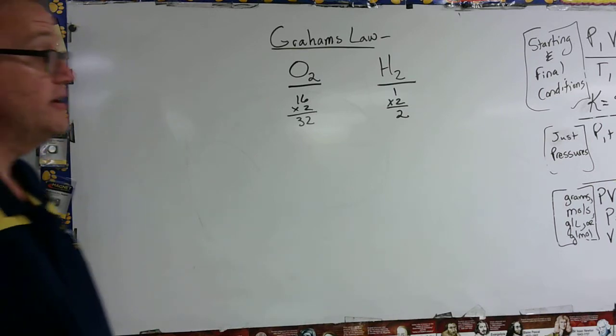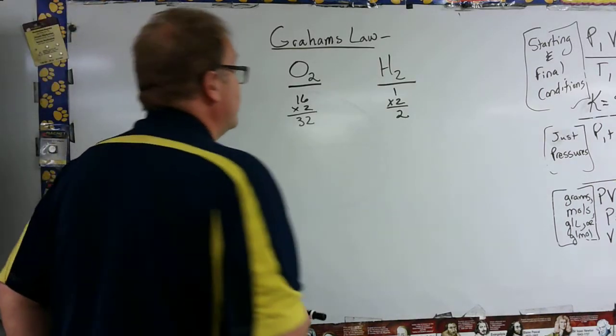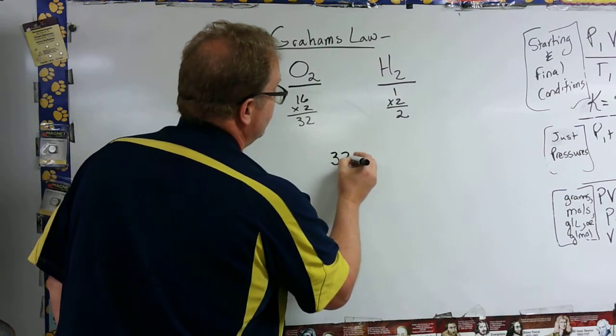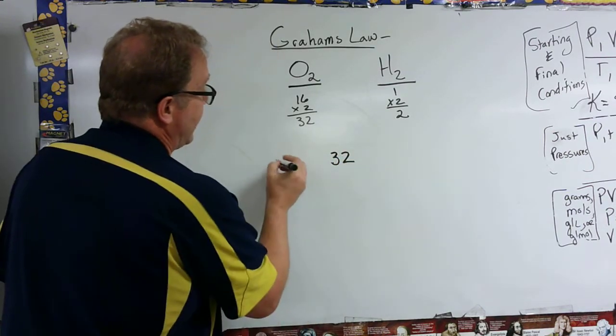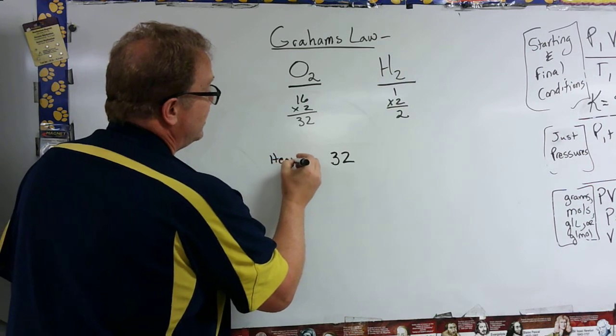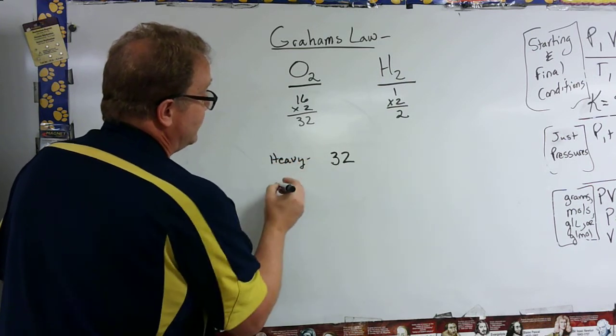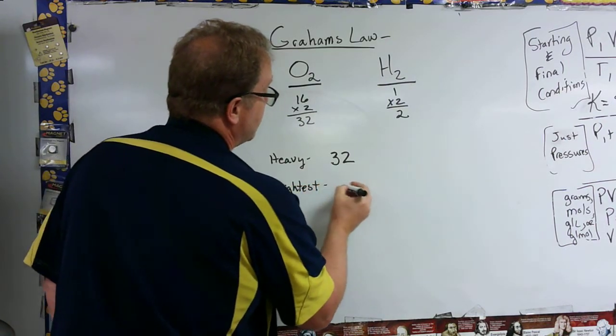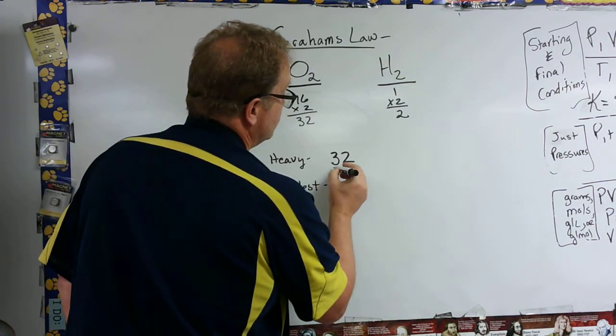You want it with a times. So what you're going to do is put 32, the heaviest gas, and then put the lightest gas on the bottom, which is going to be 2.